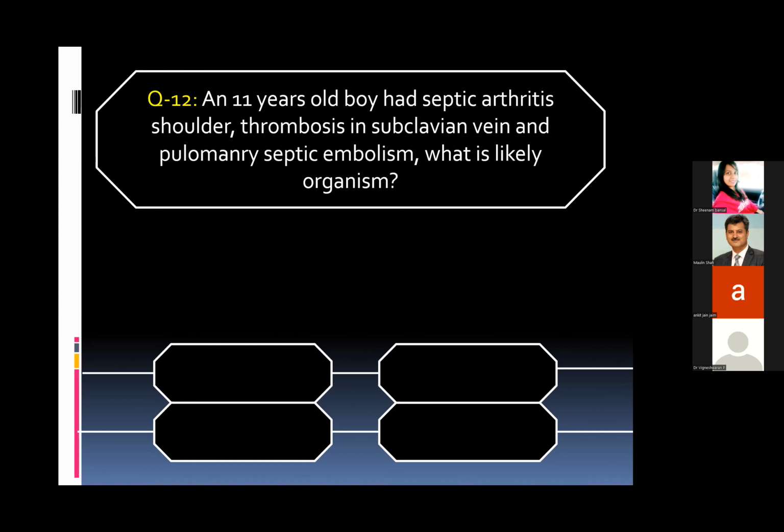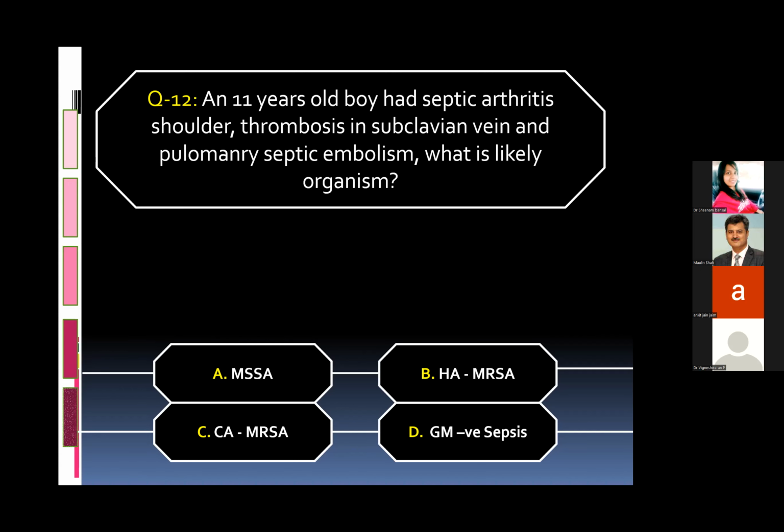An 11-year-old boy had septic arthritis of the shoulder, thrombosis in the subclavian vein and pulmonary septic embolism. What is the likely organism? Community acquired MRSA. Yeah, so there are two forms of MRSA, right? Hospital acquired and community acquired.